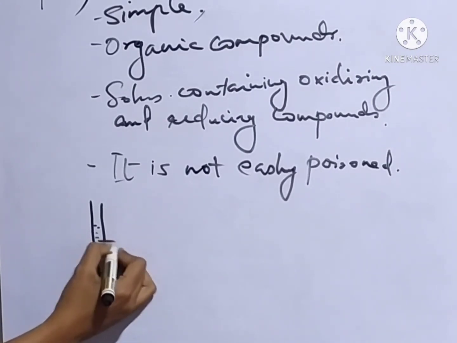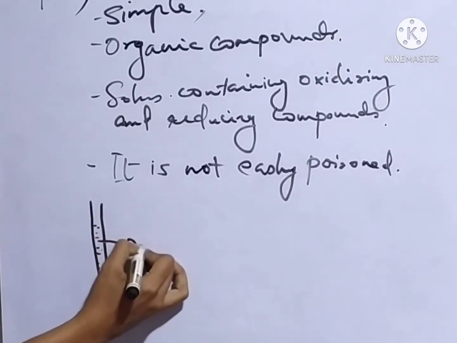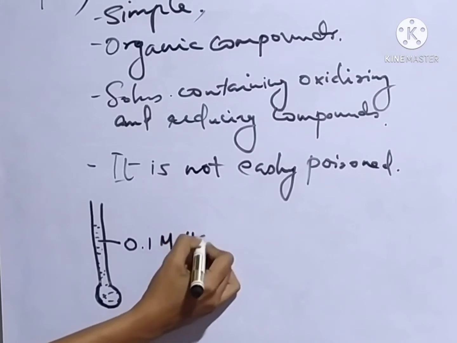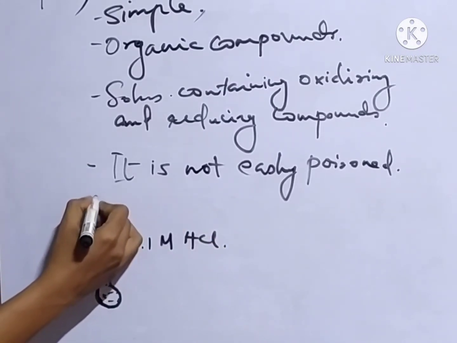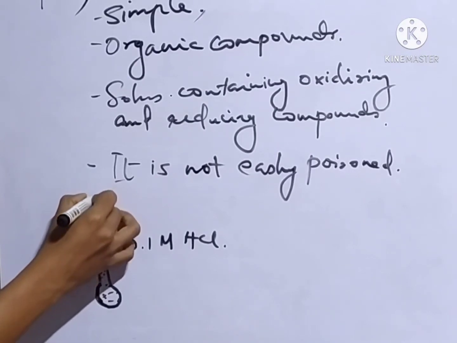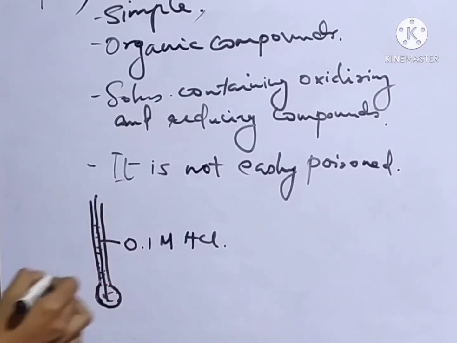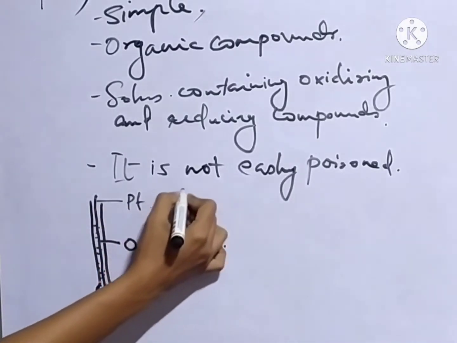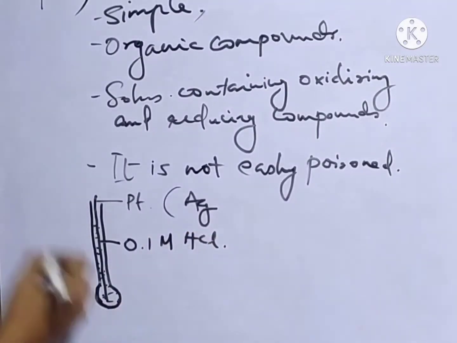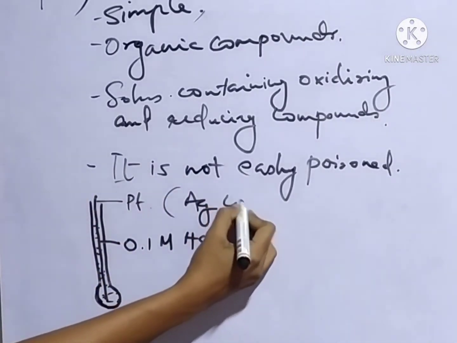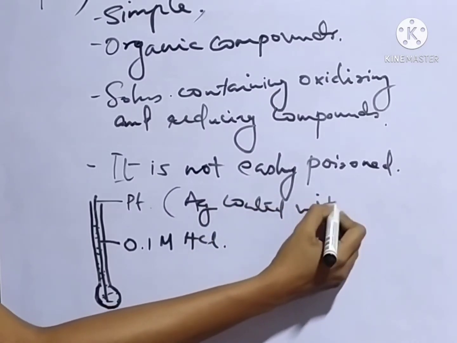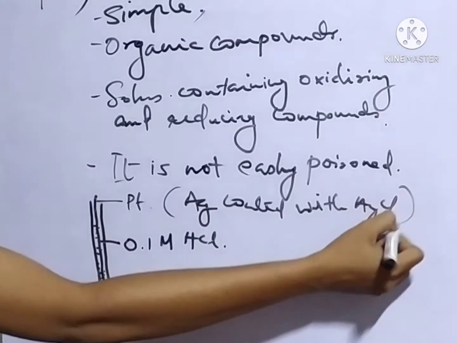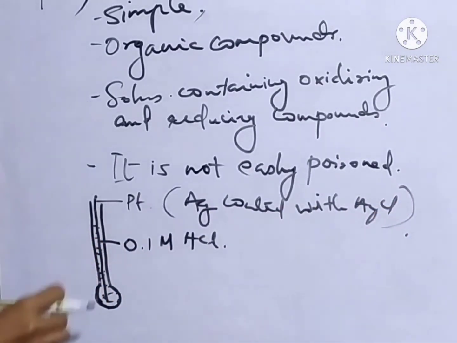Most commonly this glass tube is filled with a 0.1 molar HCl solution, and to this HCl solution we are dipping a platinum electrode. So this is a platinum electrode, or we can use silver rod coated with silver chloride, AgCl. We can either use platinum electrode, or silver coated with silver chloride.